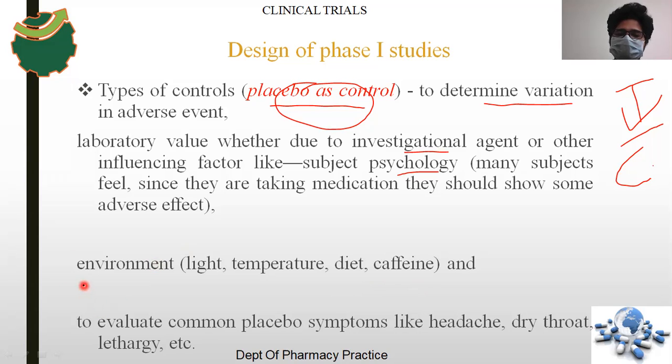That's not because of the drug. So that's why we should have a treatment group and a control group. And there are certain common placebo effects like headache, dry throat, lethargy. We look at whether the symptoms are happening in the test group and control group, and what the difference between these two is.